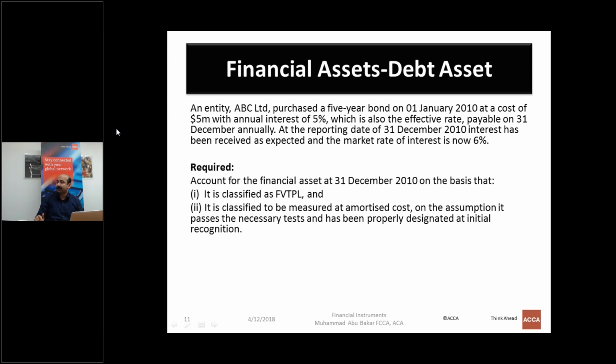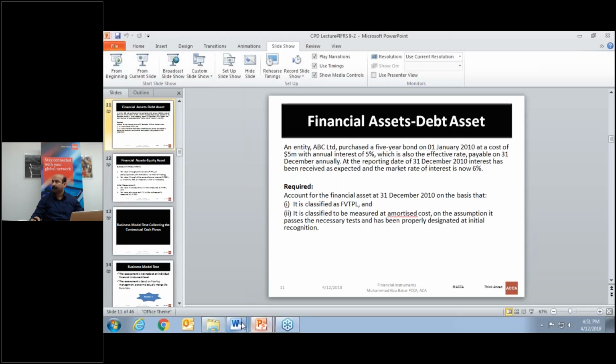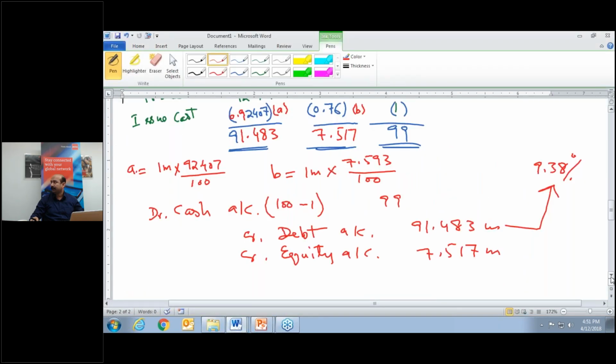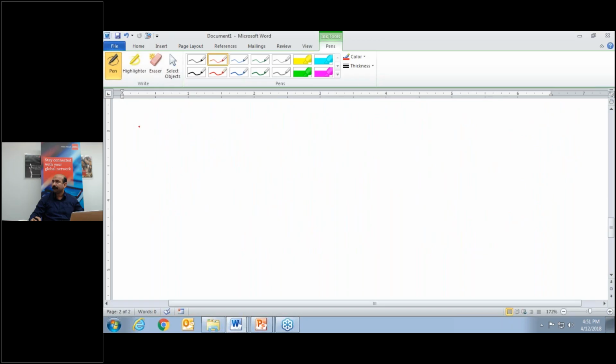So this was issued on 1st January. So if we use the Word doc here, we are going to discuss the illustration related to a financial asset, when classified at fair value through profit or loss.